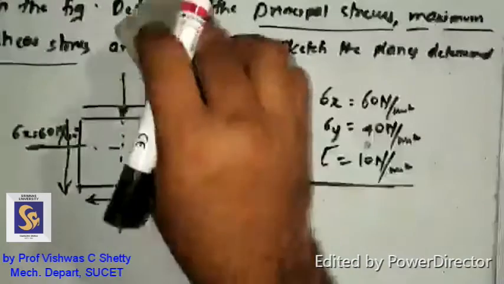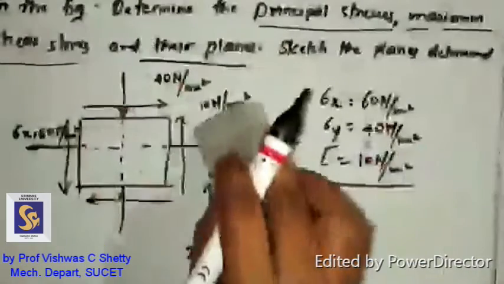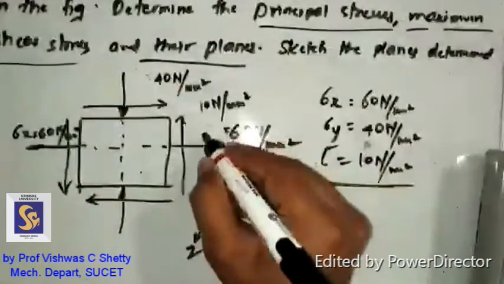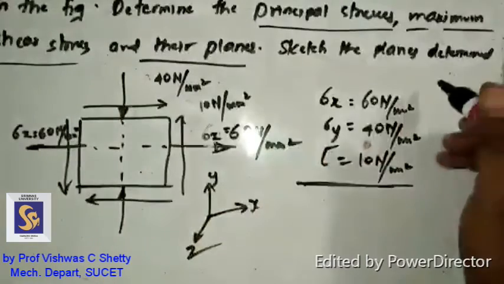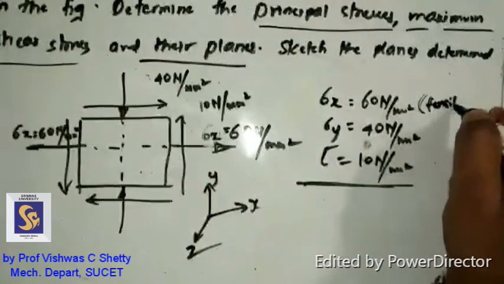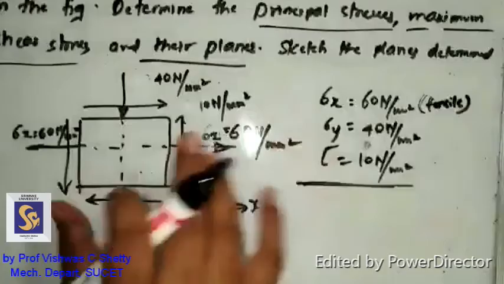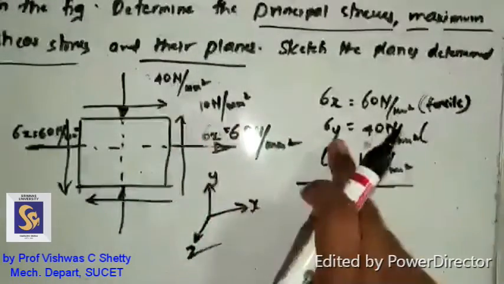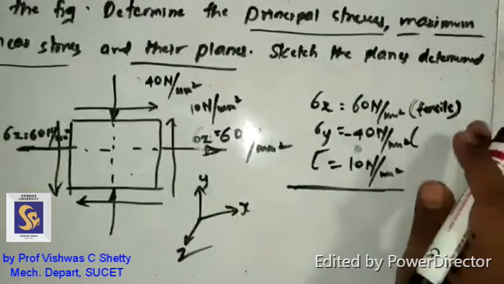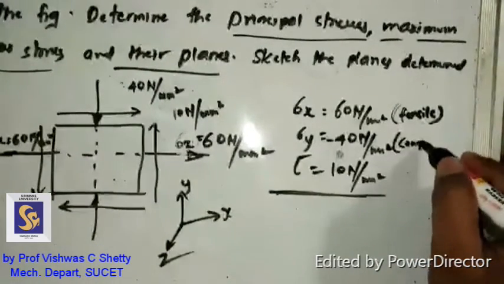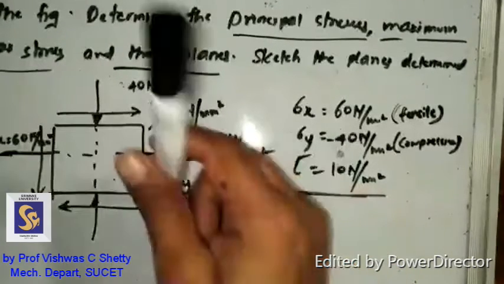According to my sign convention, I've taken sigma x in this direction. It is tensile, going outwards, so positive. Sigma y is compressive, so I have to take minus here: minus 40. See the direction.